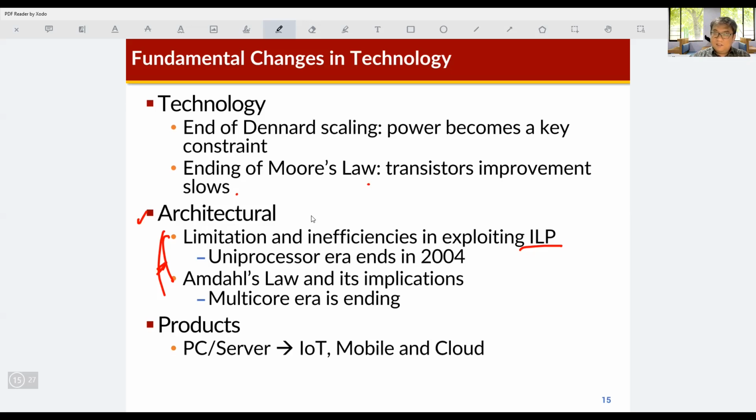I believe you change your smartphone or tablet every 2 years, but you do not change your laptop or personal computer every 2 years. Right? So that means the computer product moves to mobile devices.